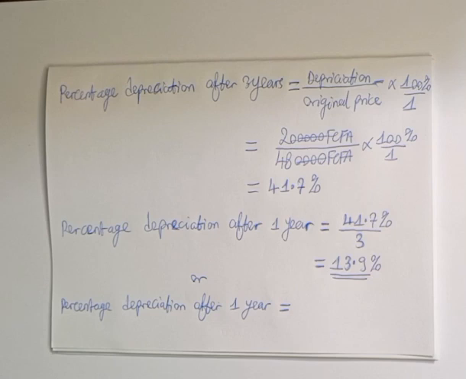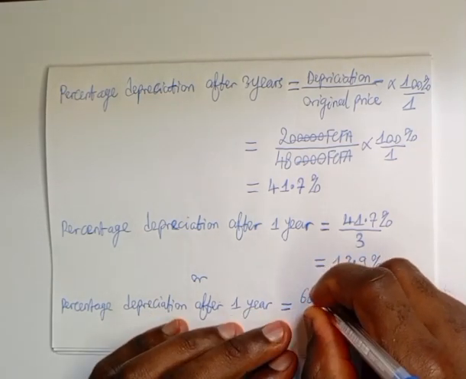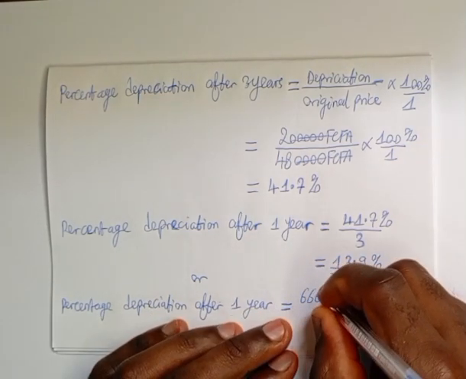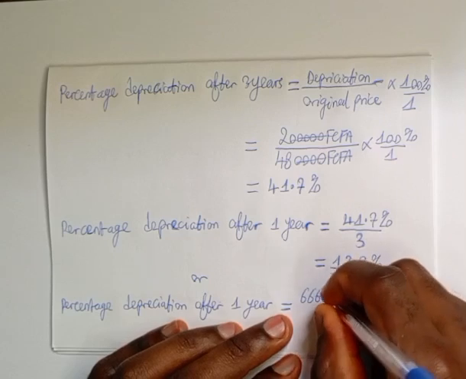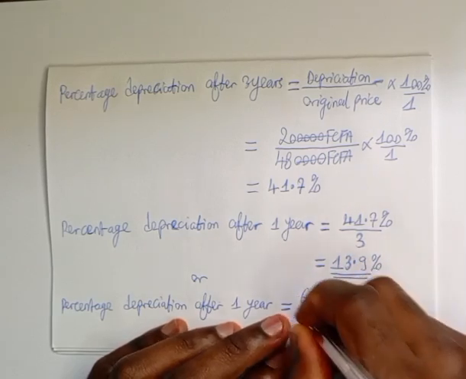That means we are going to divide 200,000 by 3, which gives us 66,666.7 francs CFA to one decimal place.